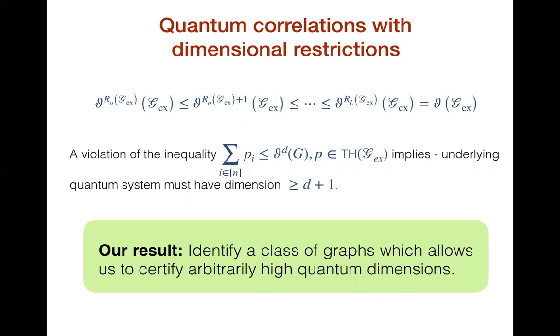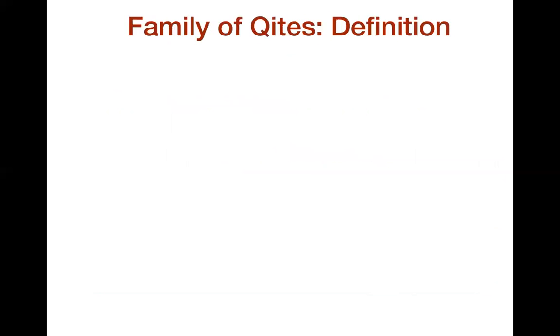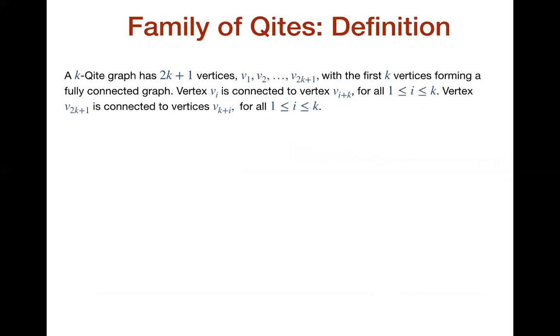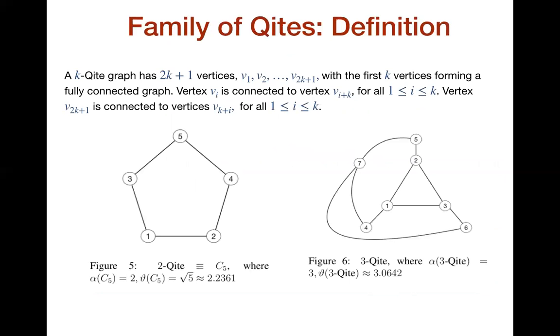So what we show here is that we identify a class of graphs which allows us to certify arbitrarily high quantum dimensions. Our family of graphs is what we call a kite graph. A k-kite graph has 2k plus 1 vertices, and I'll explain the construction using an example. It consists of 3 layers. In the first step, we have a complete graph on k vertices.